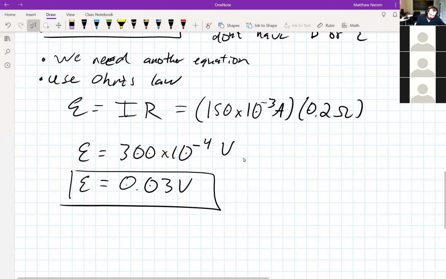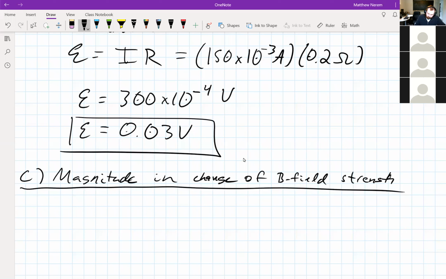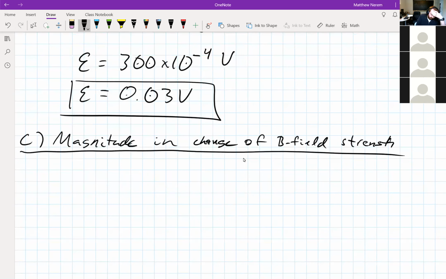So we'll ask, what is the magnitude in change of field strength. So we'll bring back Faraday's law, all right? We'll use our previous work.